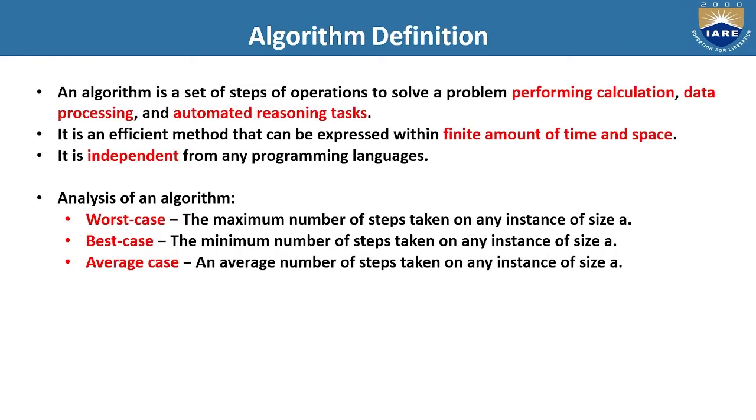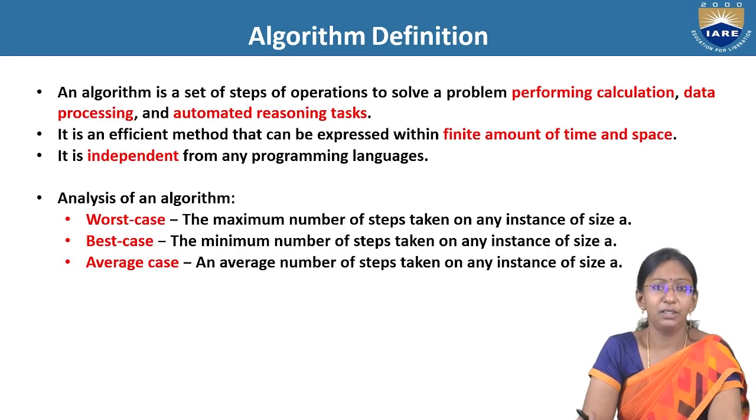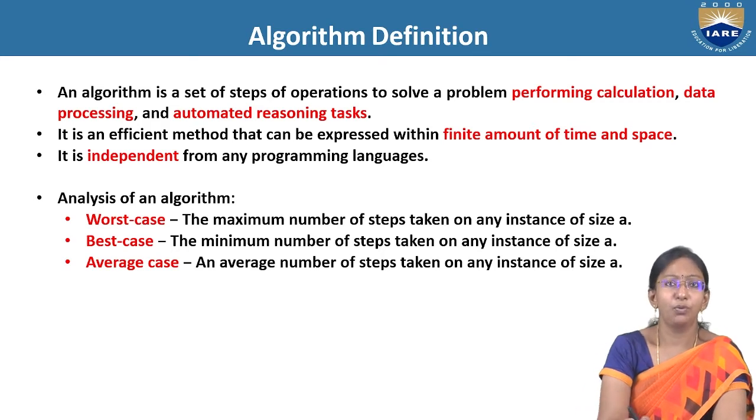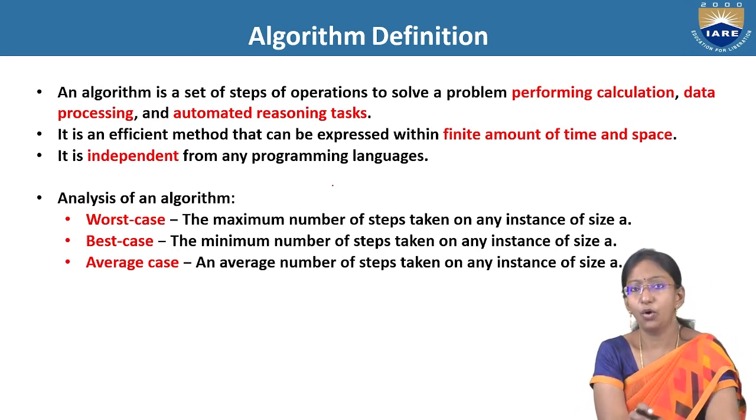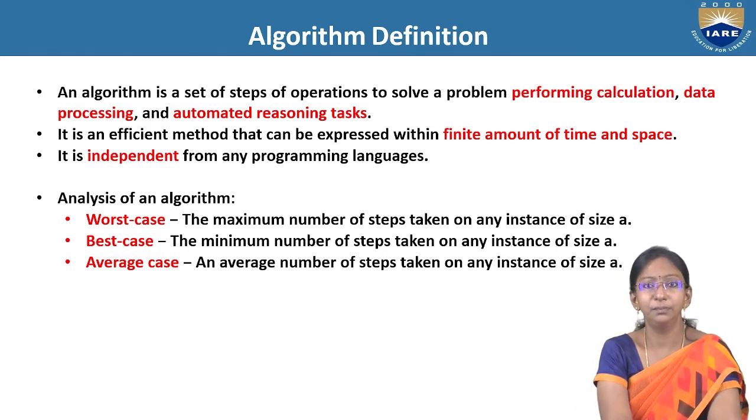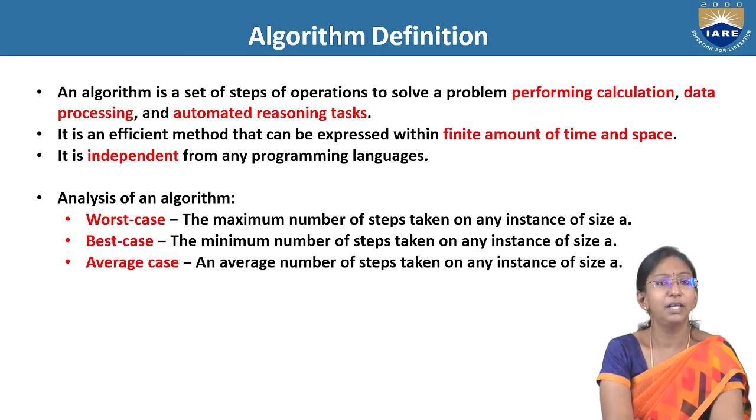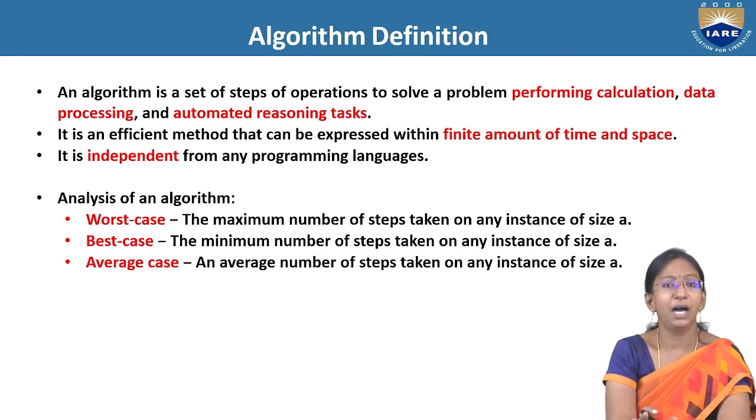So let's move on. We have learned that a program is a combination of a good algorithm and a data structure as a support to that, right? We have seen what a data structure is. Now let us understand what an algorithm is. An algorithm is nothing but a stepwise representation of the solution of a given problem.